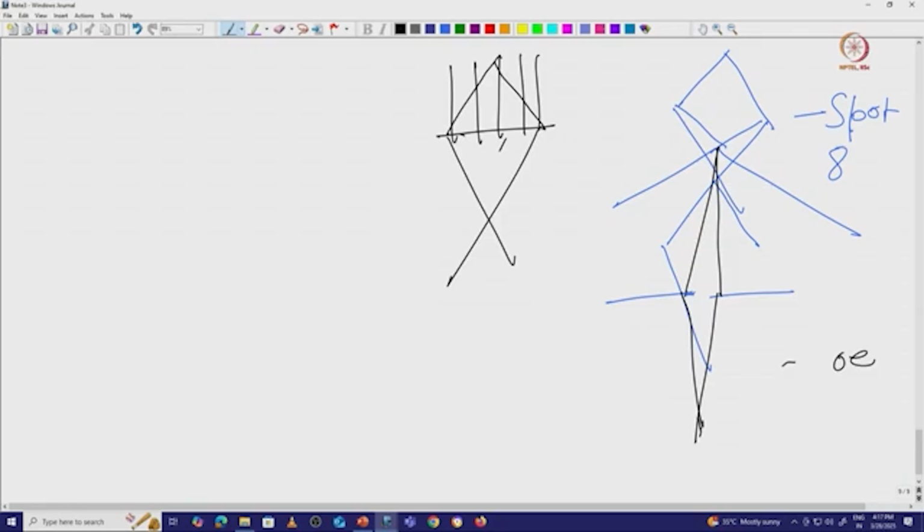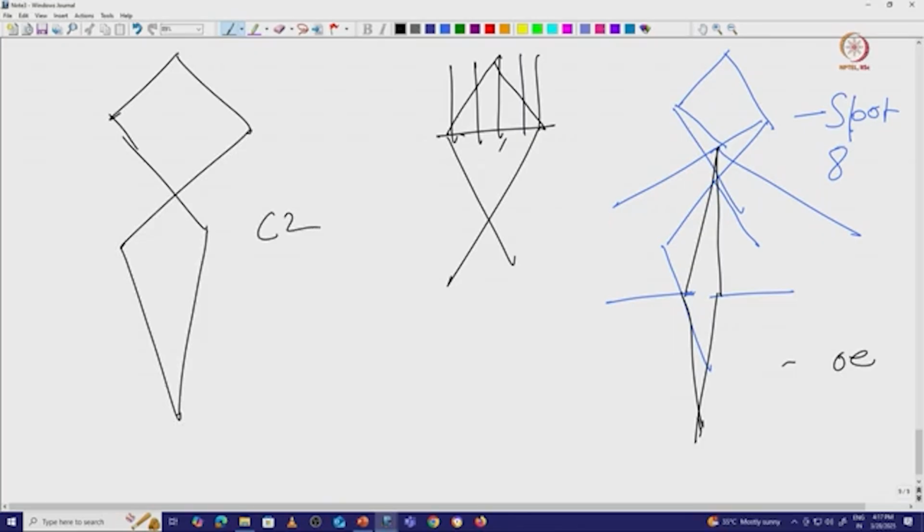Now consider what I was drawing previously: there is a C1 lens current, the beams are converged, and then there is a C2 lens. Just after that there is an upper objective lens and a lower objective lens, and then your sample. Someone can tell me, what is the best way?